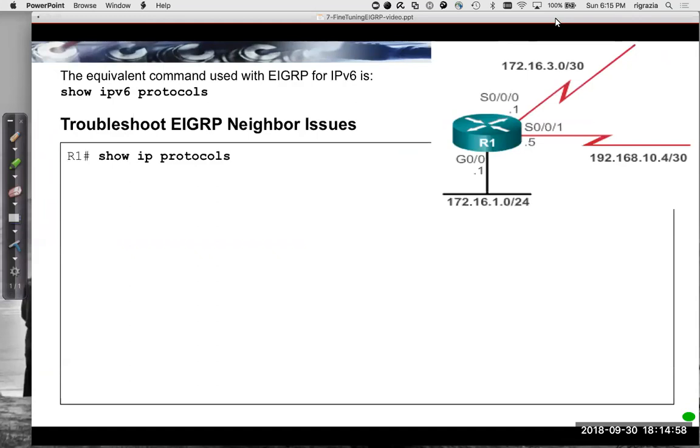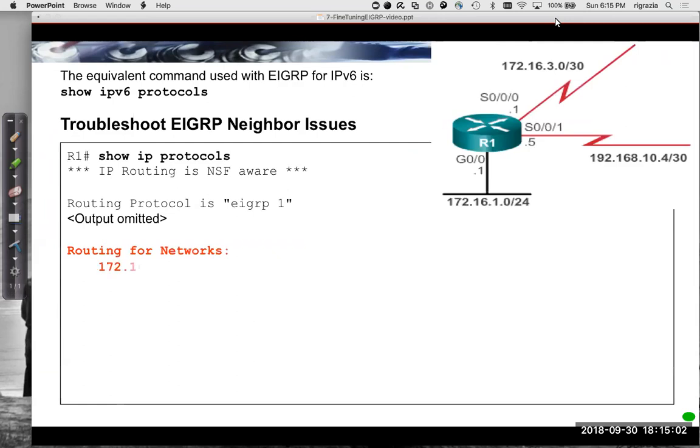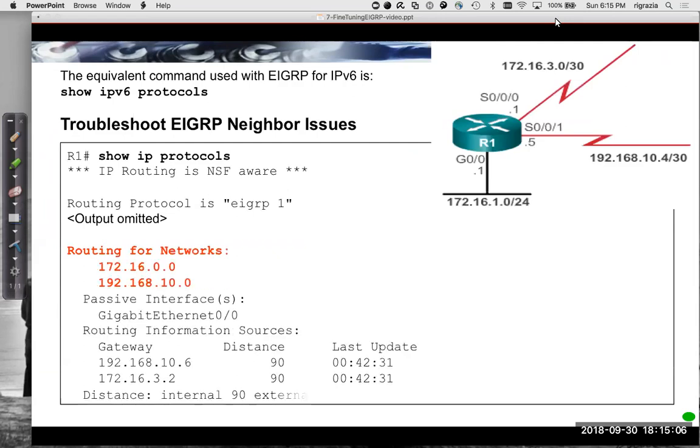Show IP protocols and show IPv6 protocols will tell us which networks we're routing for. These are due to the network statements or the EIGRP interface commands that we did on the router.